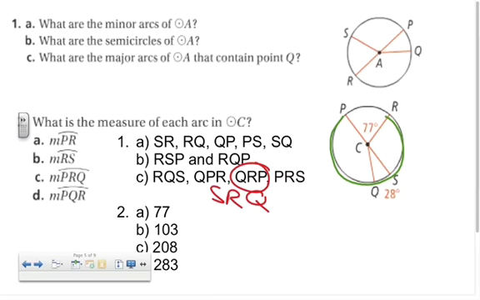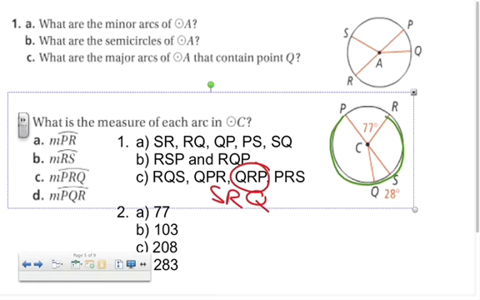What about S? Oh, just kidding. QP would be the same as SRP. Then I got QRS. QRS I have right here. You just gave it to me as SRQ. You named it twice, it sounds like.